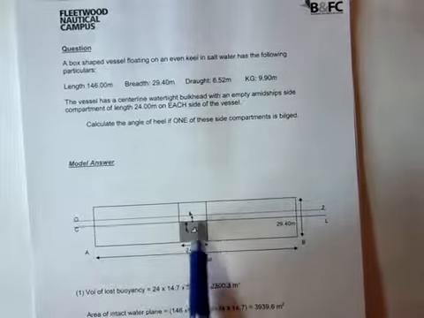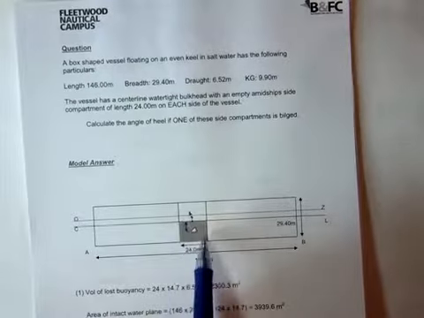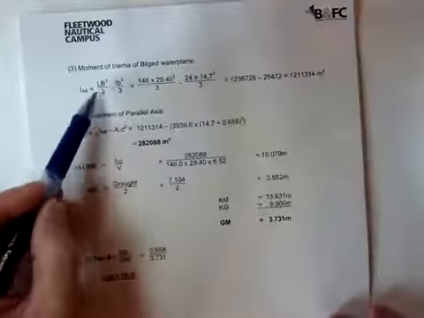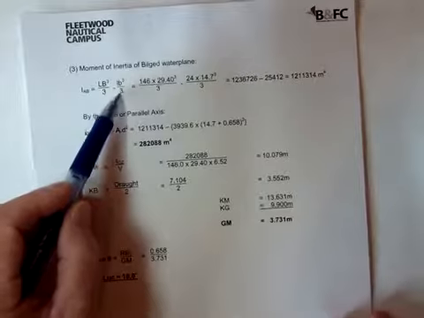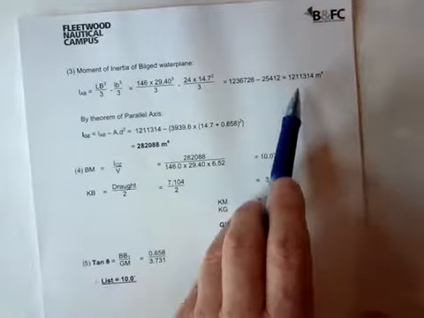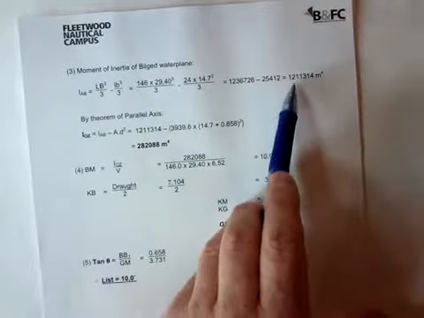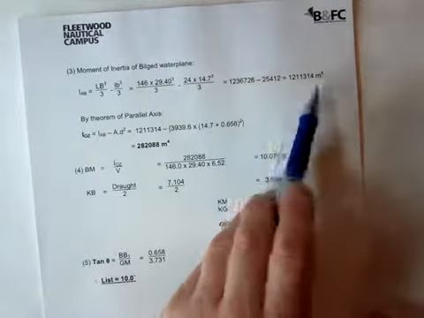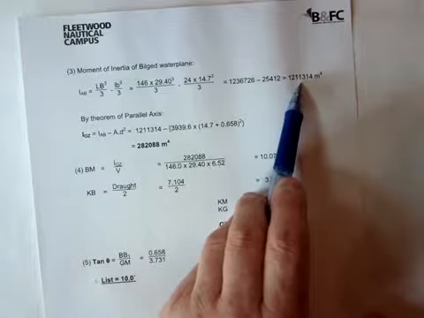So what we're doing is subtracting this small area here from the inertia, because we've lost that inertia there. LB cubed over 3 minus small lb cubed over 3. So our inertia on the outer edge has been reduced from this value here to this value here as a result of being bilged.